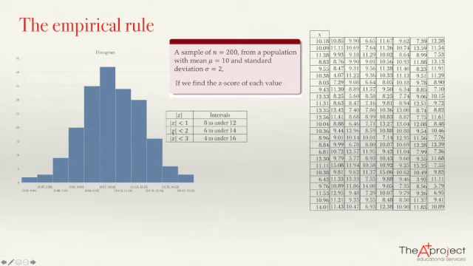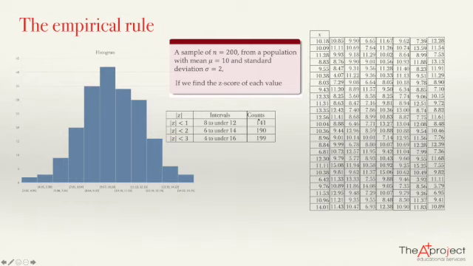To be within 2 standard deviations, where 2 standard deviations is 4, 10 minus 4 equals 6 and 10 plus 4 equals 14, so it is the interval 6 to 14. And to be within 3 standard deviations, which is 6, 10 minus 6 equals 4 and 10 plus 6 equals 16, so it is the interval 4 to 16.